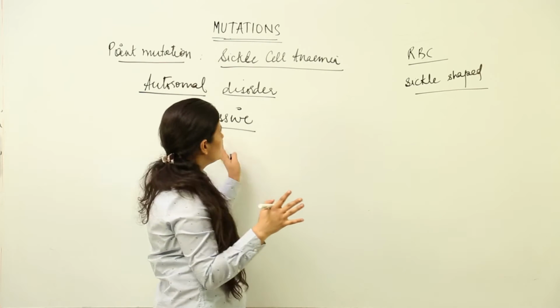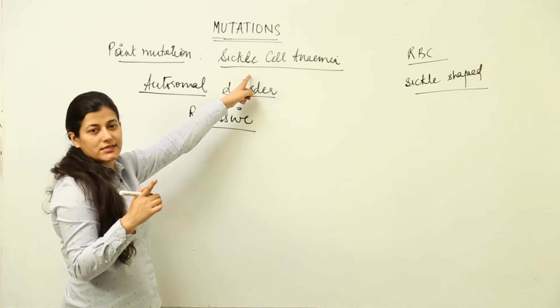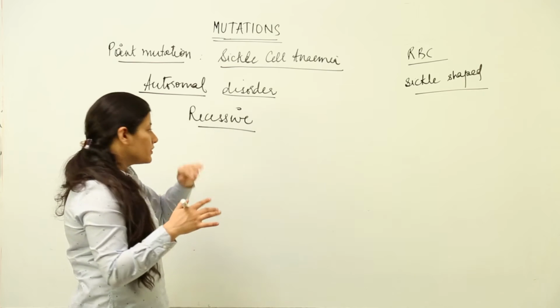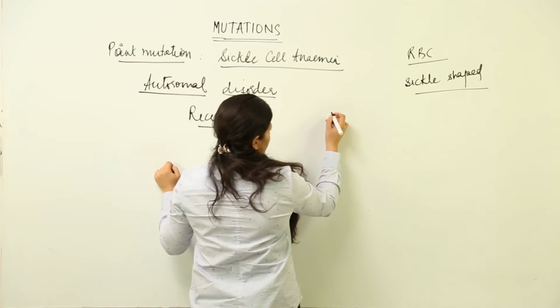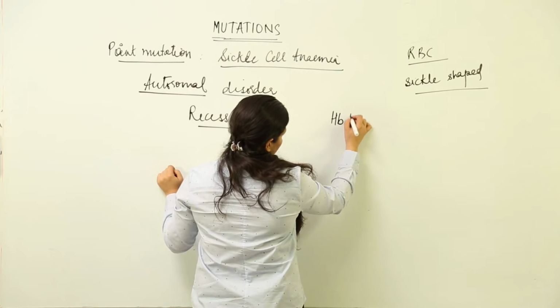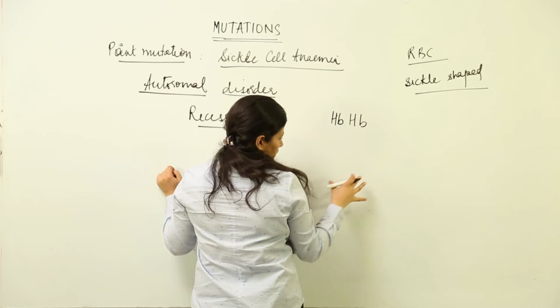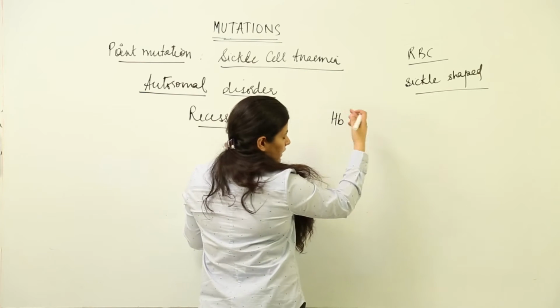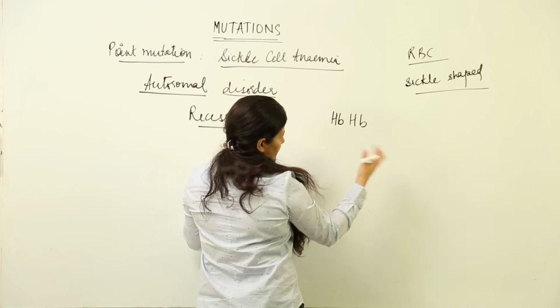This is what autosomal recessive disorder means, and sickle cell anemia is an autosomal recessive disorder. We are not covering this part, but because we are covering the mutation part, you have to remember that there are two alleles which could get altered, or mutation in these two alleles leads to the sickle cell anemia condition.